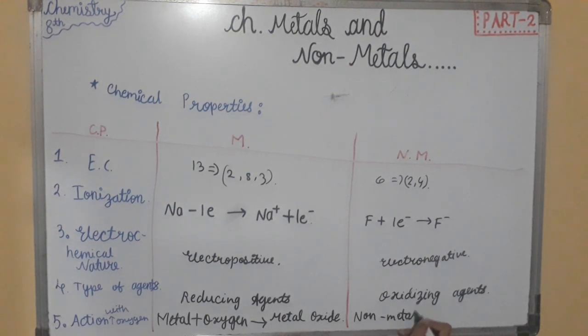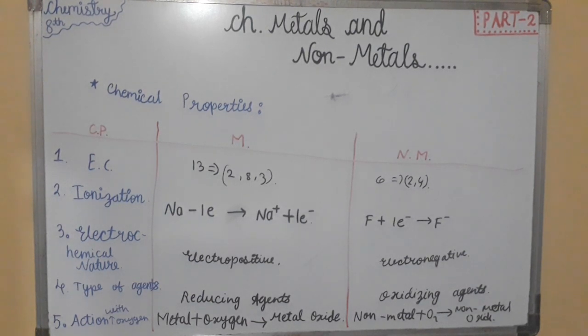Non-metal plus oxygen gives non-metal oxide. The example for metal: 2Ca plus O2 gives 2CaO, and for non-metal: C plus O2 gives CO2.